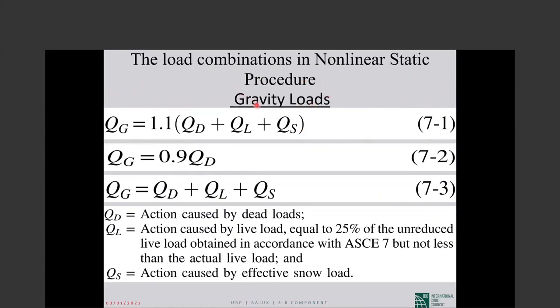Because we are dealing with nonlinear analysis, superposition is not applicable. So first we should put the gravity load on the building, and when the gravity loads are there, we do the push. Otherwise it's not possible to do it separately and sum the results, because this is nonlinear and superposition is not valid.